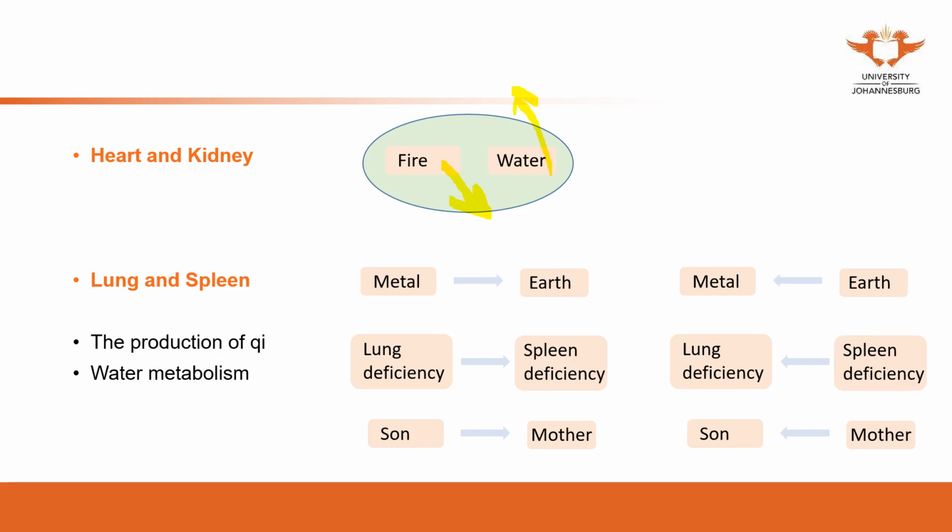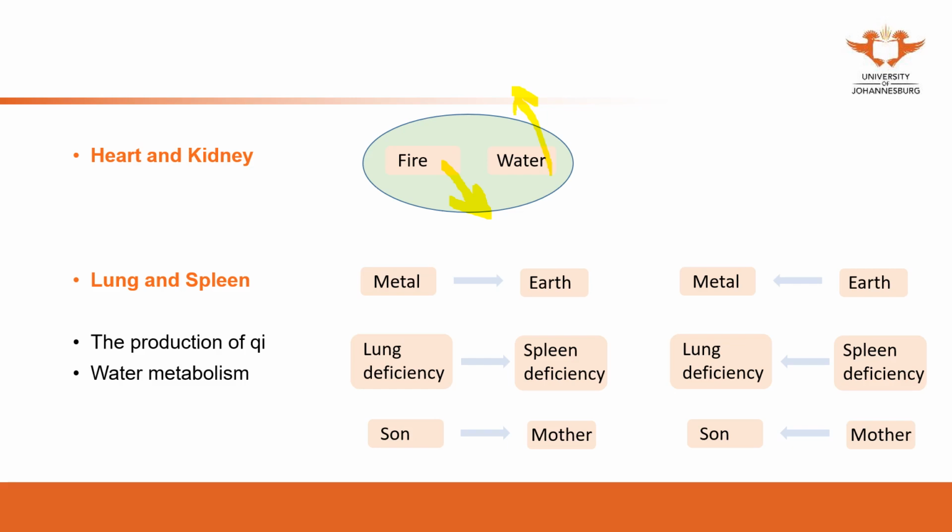This is very similar to the spleen function. When we talk about the middle jiao, the spleen and stomach, one moves up, one moves down, and then the circulation can be created from the movements. One moves up, the other side moves down, so this circle can start spinning. That's the circulation, right?